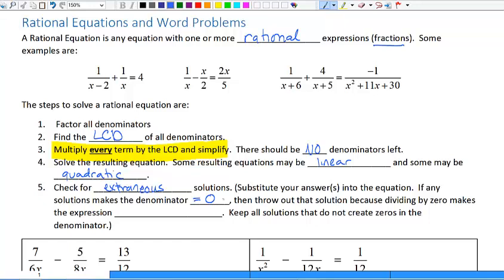If that happens, just throw out your solution, because dividing by 0 makes the expression undefined. Then keep all the solutions that do not create zeros in the denominator. So that's a little bit of a shortcut. You don't actually have to solve the left and the right and work it all out, which is good because this has rational expressions in them, which are fractions, and that takes a little bit longer to check.